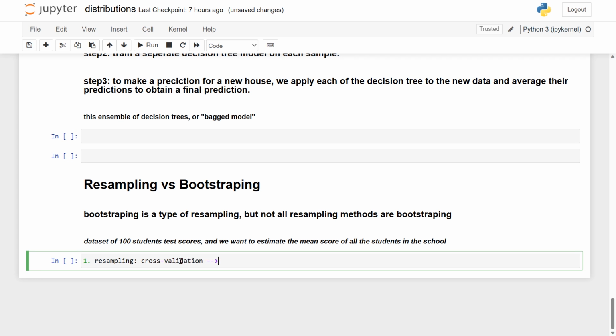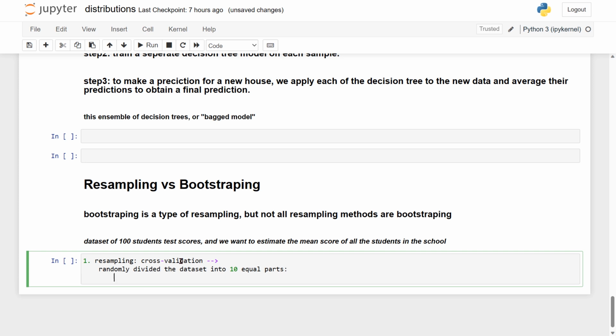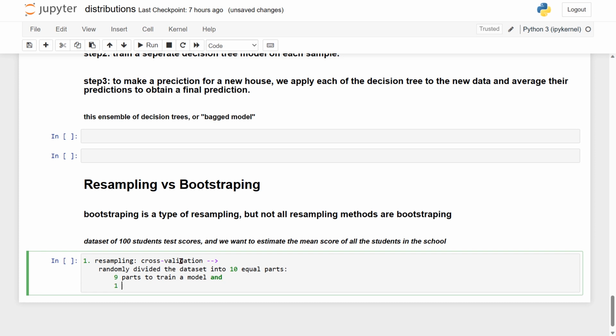In the cross validation method, what we did is we randomly divided the dataset into 10 equal parts, out of which 9 parts are used to train a model, and of course the remaining one part is used to test the model.